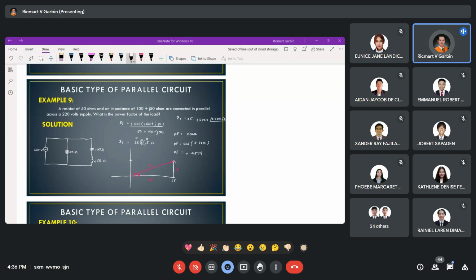Hindi naman sadya nagiging greater than 1 ang power factor. Pero ano yung nagiging basis natin kung bakit siya leading or lagging? Positive? Ang alin ang positive? Yung power factor natin will always be positive.